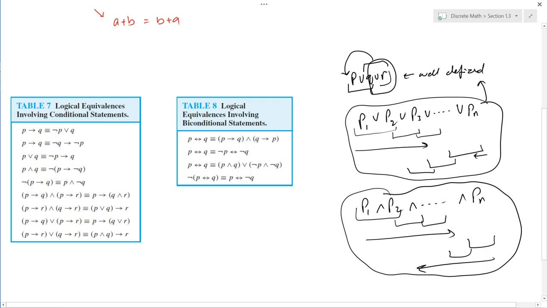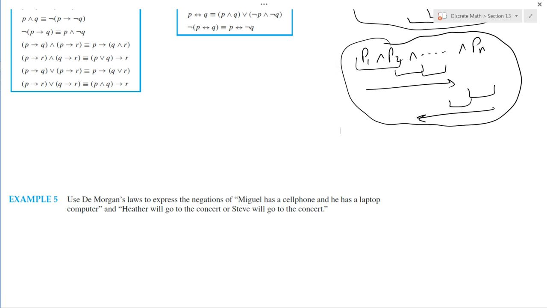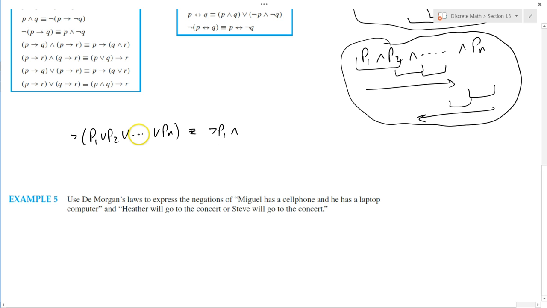Now, extending this idea, we can define the extended De Morgan's Law, which says that the negation of P1 or P2 or Pn is logically equivalent to the negation of P1 and the negation of P2 and the negation of all the P's, and the last P, which is Pn.